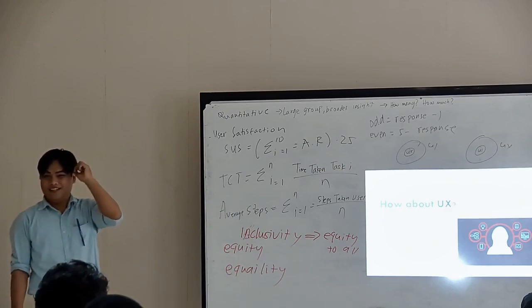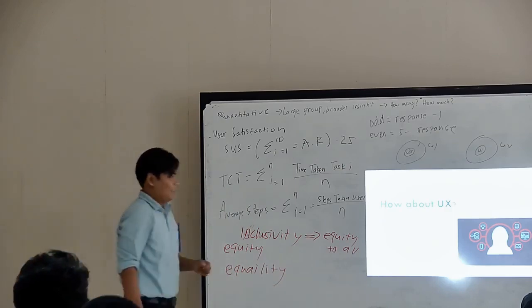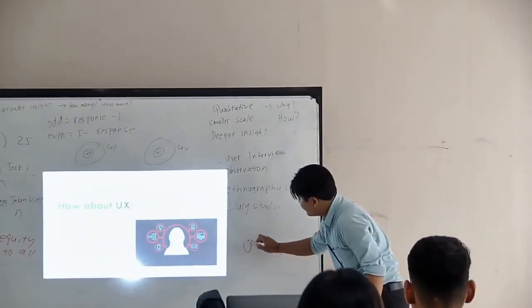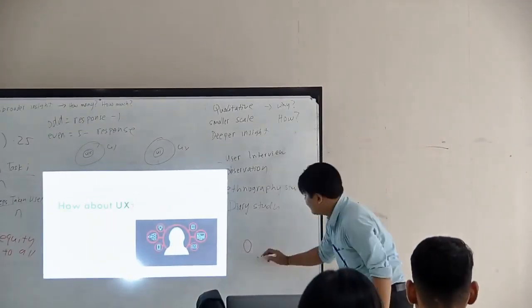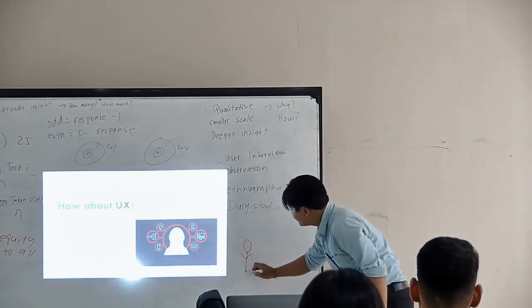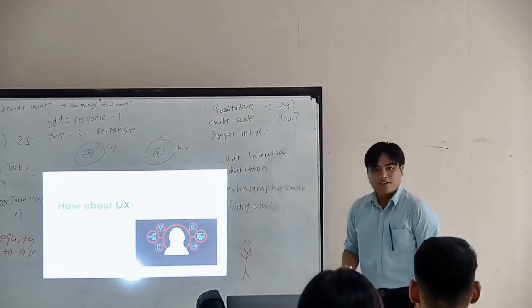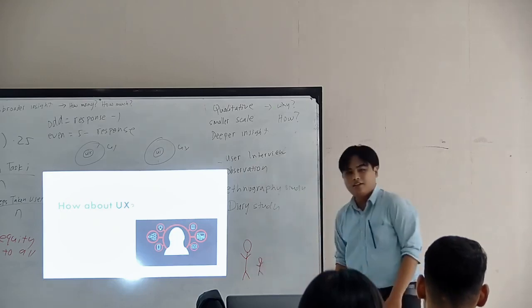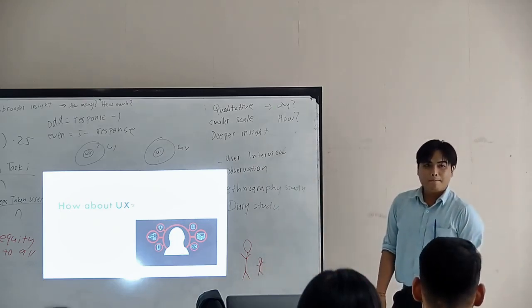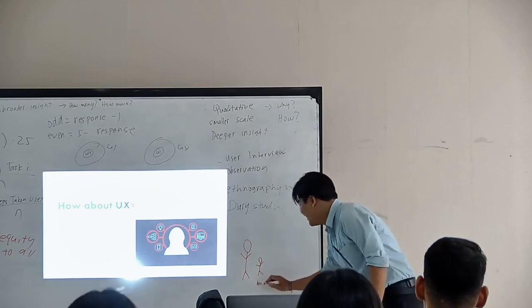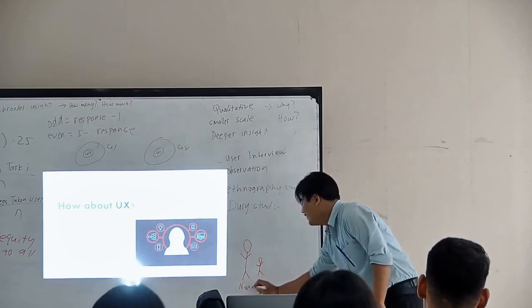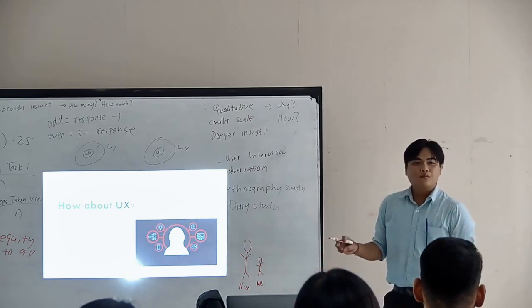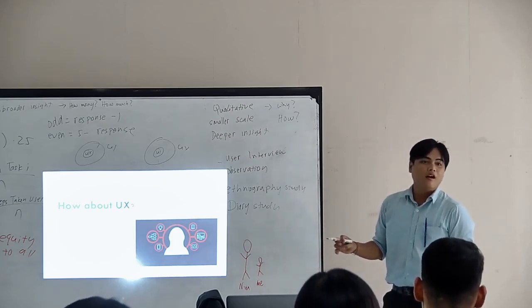Equal. You know equal? Let's say there are three people. This is Musa. Who is small here? Me. And who is medium size? Julia.